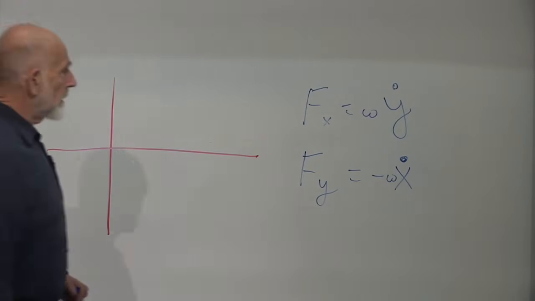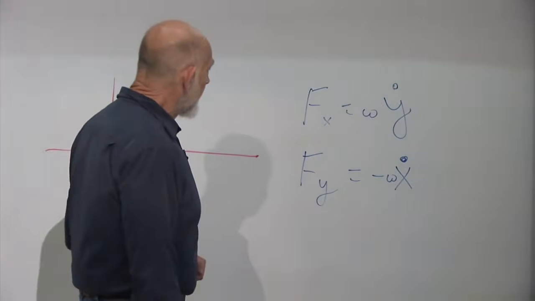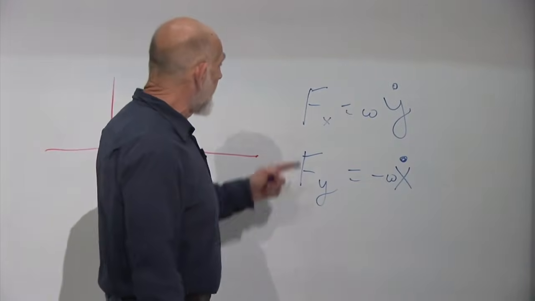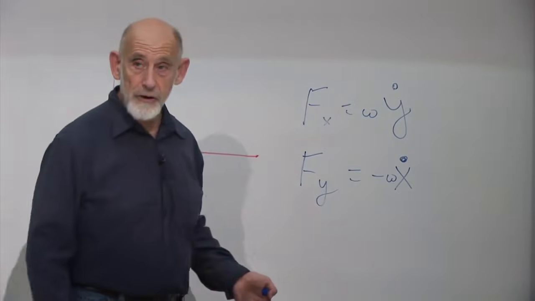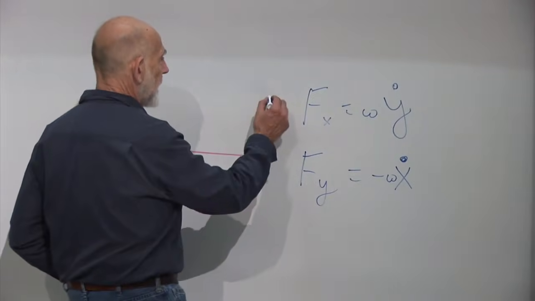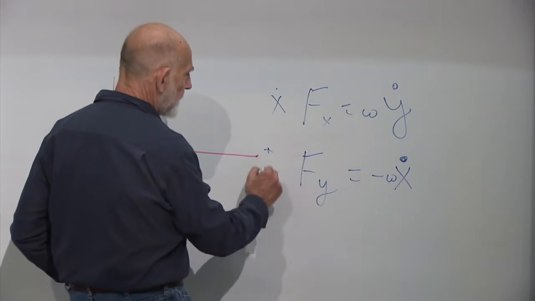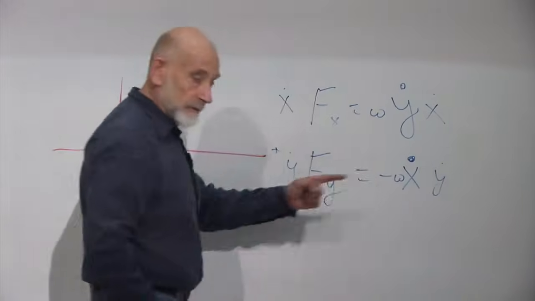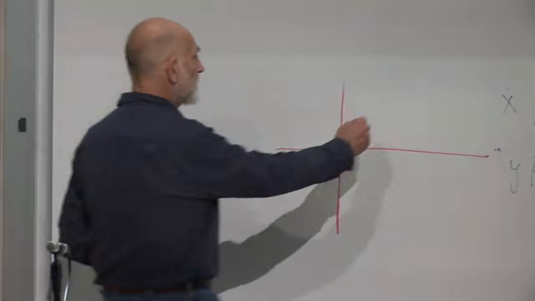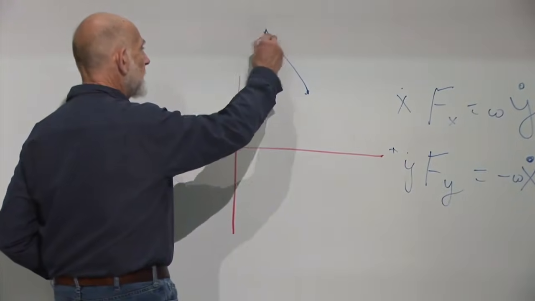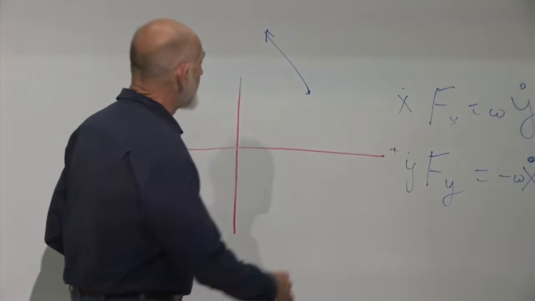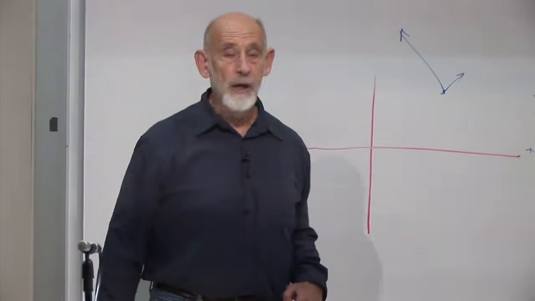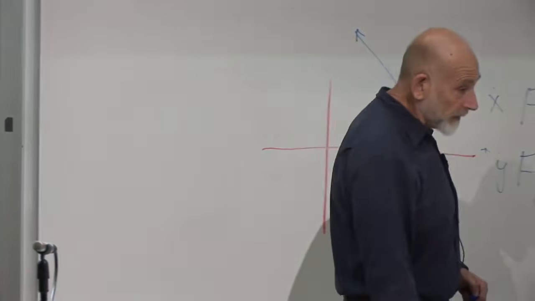The first thing is that this force is perpendicular to the velocity. How do I see that? I take the dot product of the force with the velocity. That'll be f of x times x dot plus f of y times y dot, and they cancel. So if the particle is moving in some trajectory, the Coriolis force is always perpendicular to it. Whatever the direction of motion, the Coriolis force is perpendicular to it.